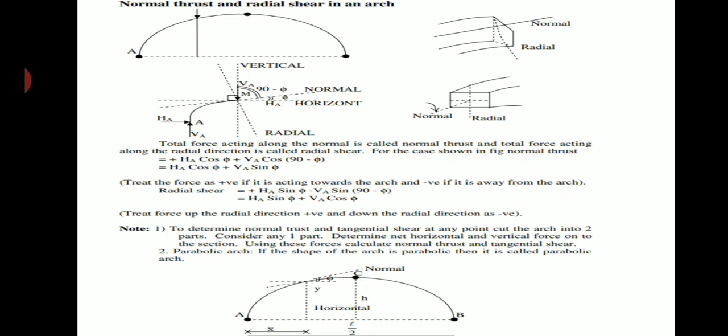Why have I taken VA sin (90 minus phi) here? VA is acting in the upward direction. In order to counteract this VA, I have taken this force in the opposite direction with equal magnitude, VA cos phi. Therefore, the general expression for the radial shear is HA sin phi plus VA cos phi.